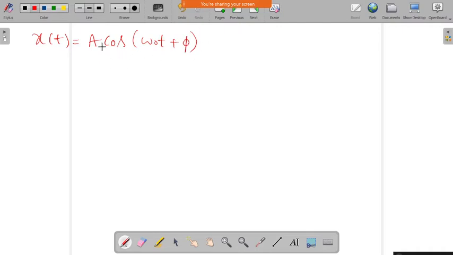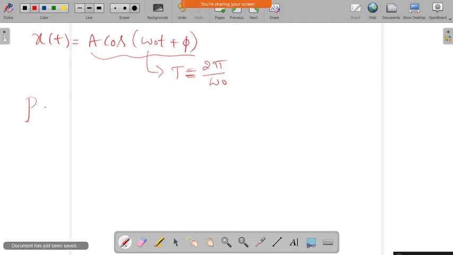So you can see, since it is a periodic cosine signal with period equal to 2 pi by omega naught, it is not an energy signal, definitely it is a power signal, because we have already discussed that all periodic signals are power signals and non-periodic signals are energy signals. So you can find the average power of this signal.